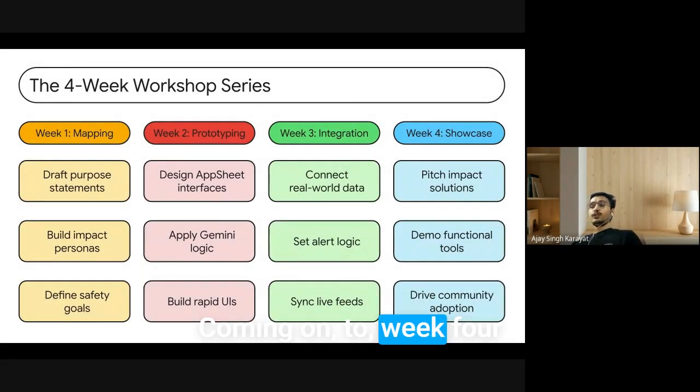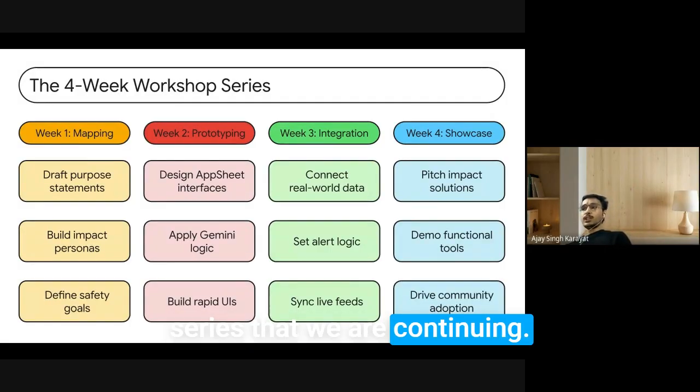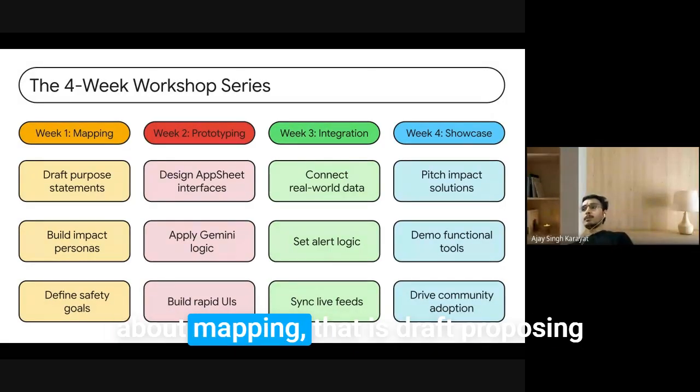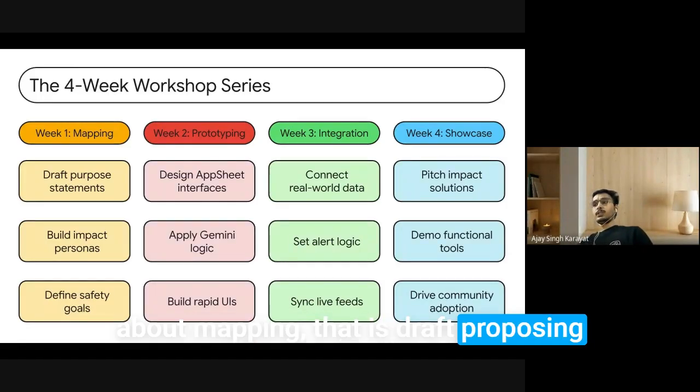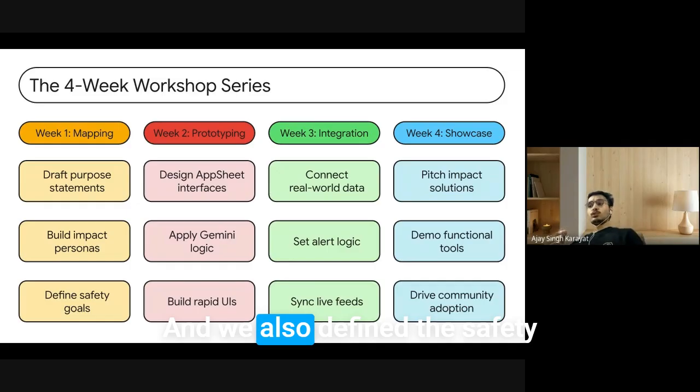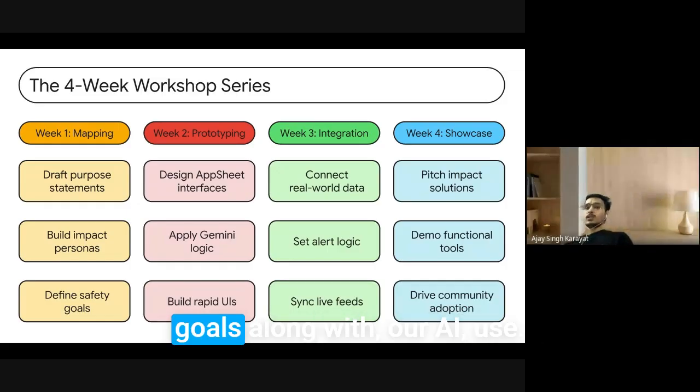Coming to the 4 week series that we are continuing. In week one, we did all about mapping, that is drafting proposals and building impact personas, and we also defined the safety goals along with our AI use.